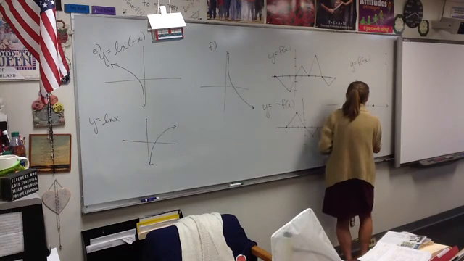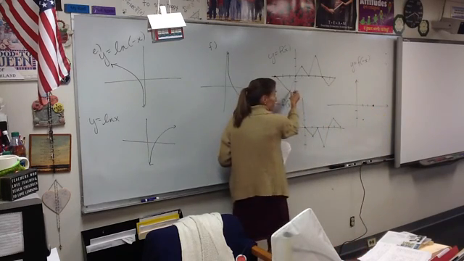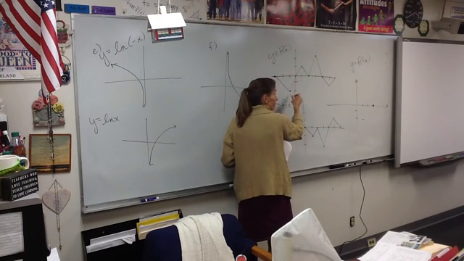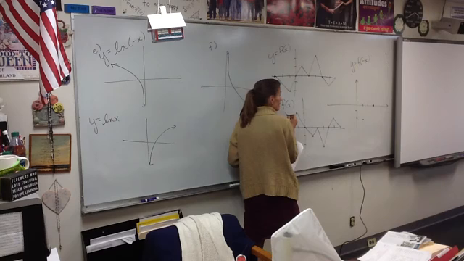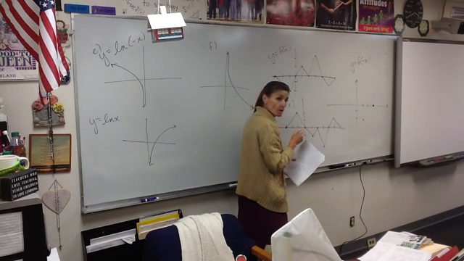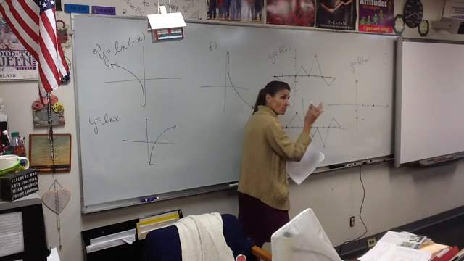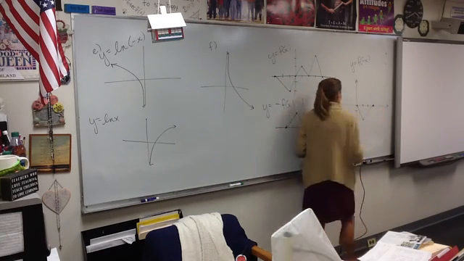He's now going to be 1 unit to the right. This point right here. He's 1 unit to the left. Now he's going to be 1 unit to the right. The origin isn't moving, right? The origin doesn't move.